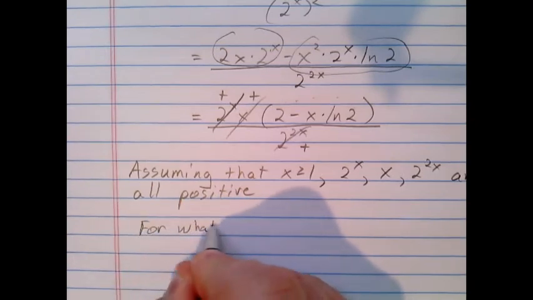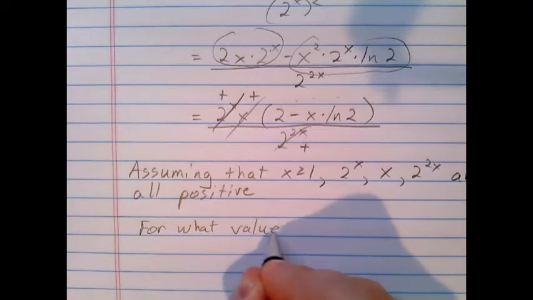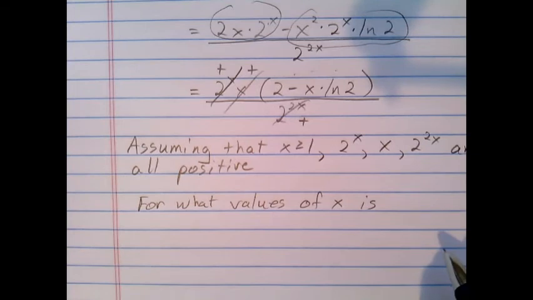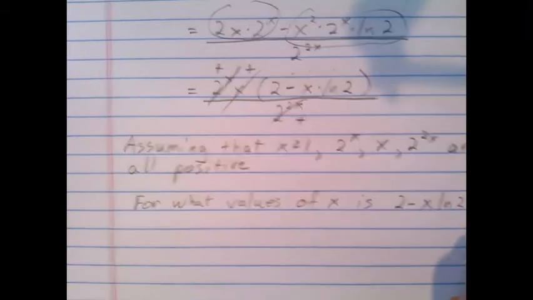Let's phrase it like this. For what values of x is 2 minus x times natural log of 2.